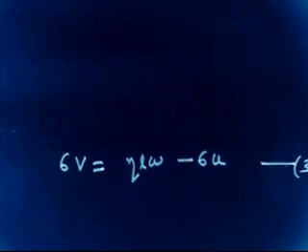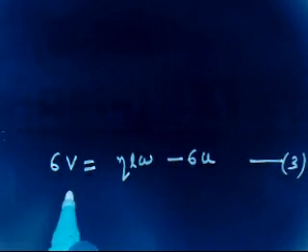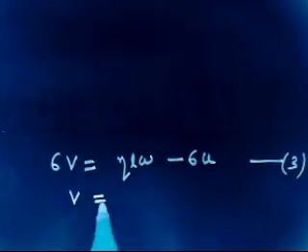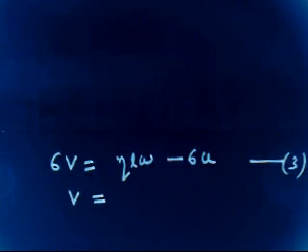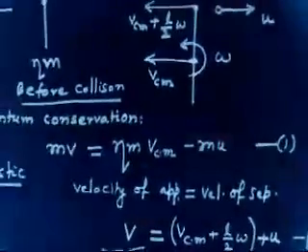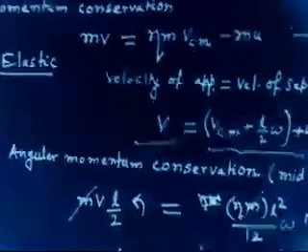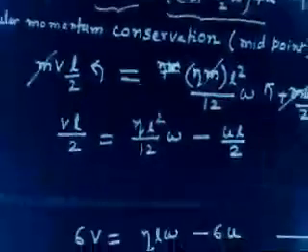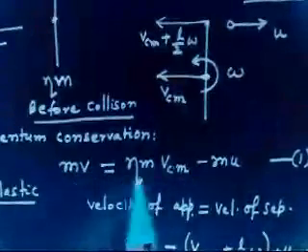I think all of you have written the top equations. So let me again copy the first equation. After cancelling the m, you will have v equals eta times VCM minus u.